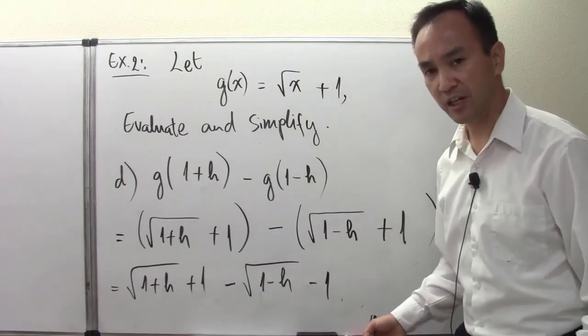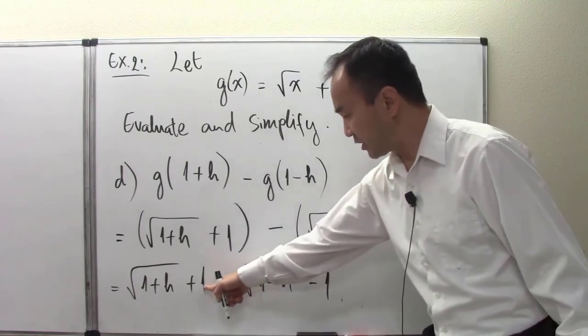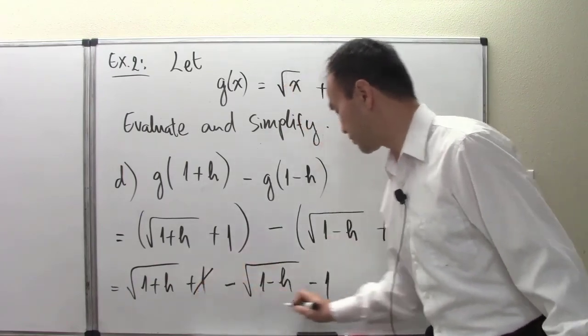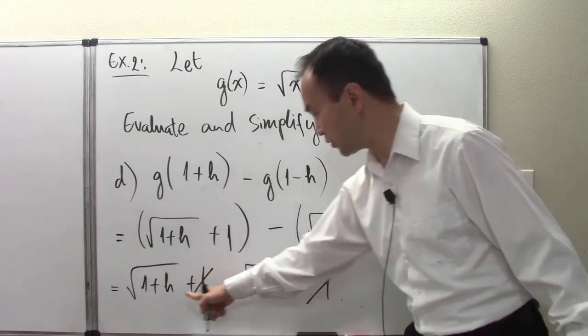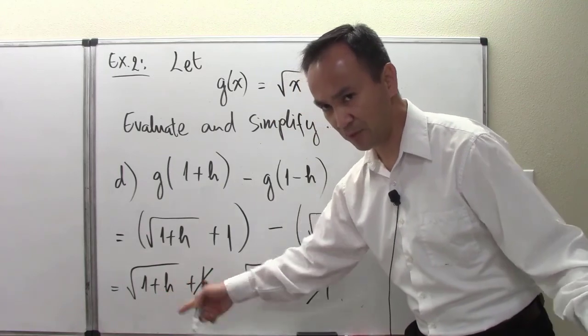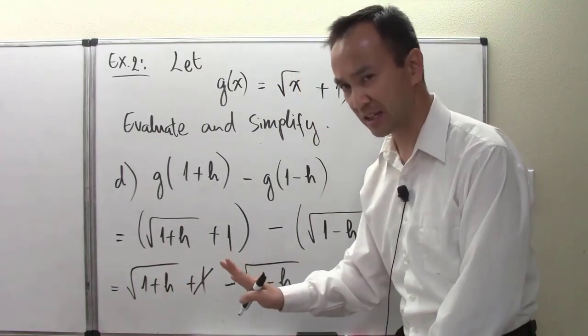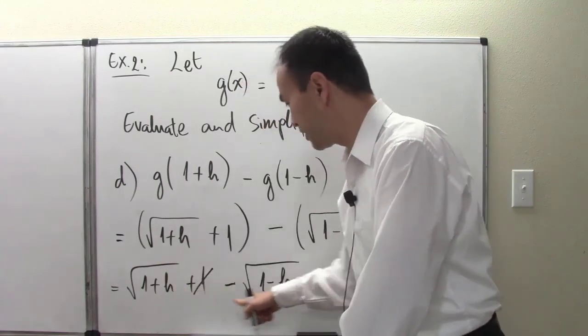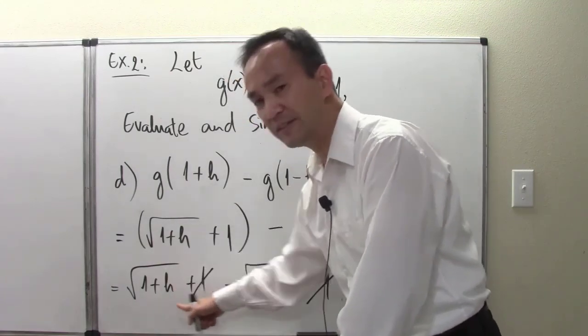Now it's time to start combining like terms. These two are like terms, and further they are opposite terms. We can cancel them. But these two are neither like terms nor opposite terms, so we can't cancel these, and we have to leave them the way they are.